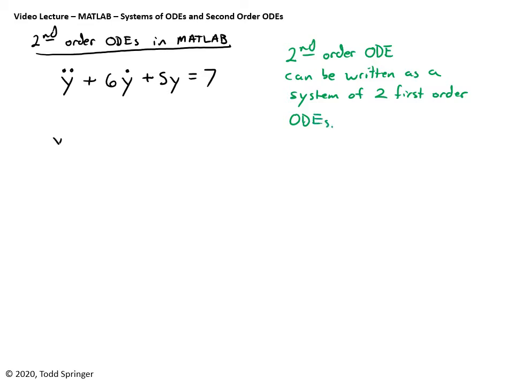So for this example here, I would have y double dot is going to be, let me put everything else on the right-hand side, 7 minus 6y dot minus 5y. And then I'm going to think of y dot as a new variable.